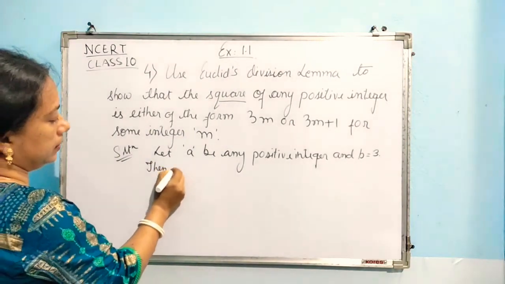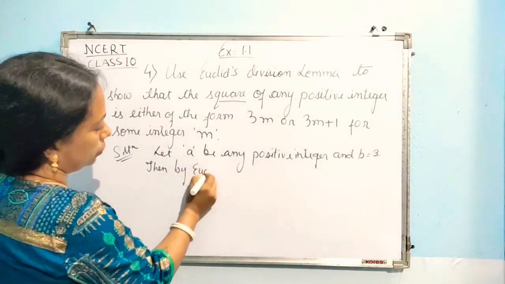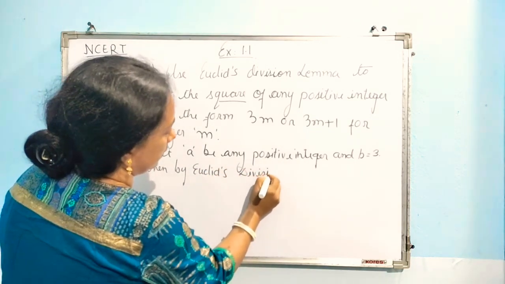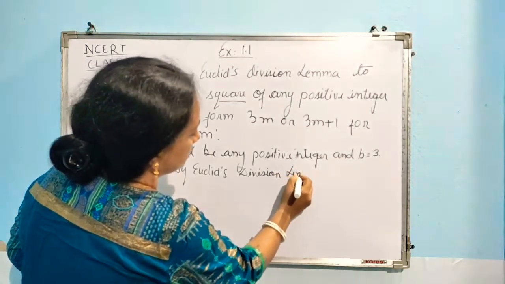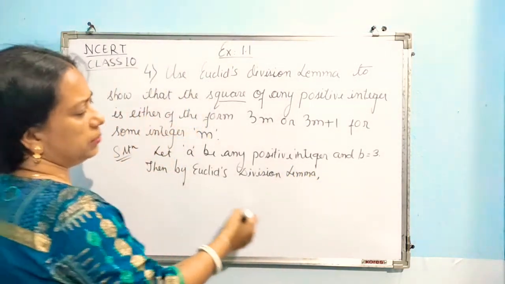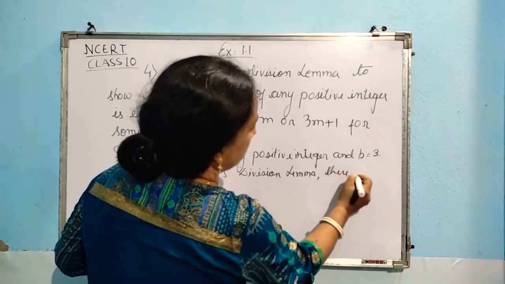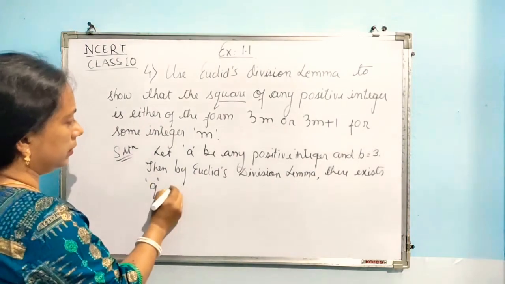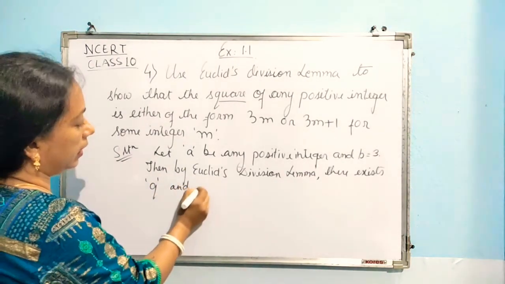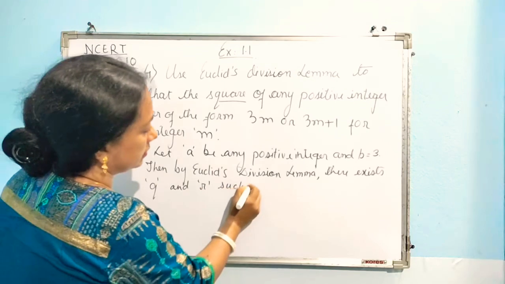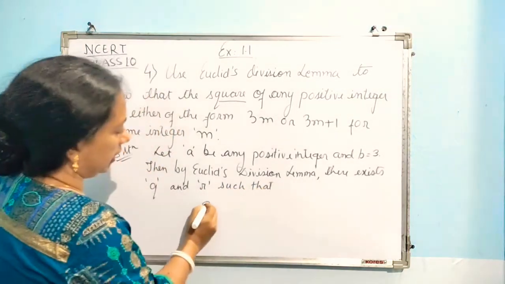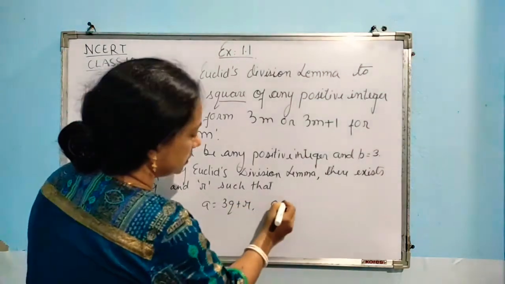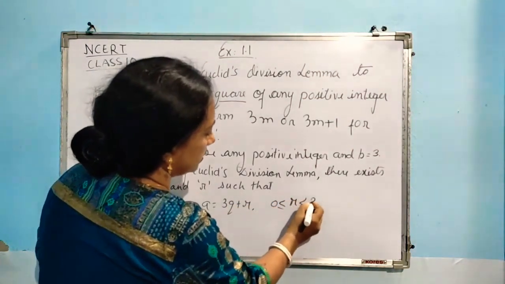Then by Euclid's division lemma, what can we write? There exist q and r such that a is equal to 3q plus r. This much is clear: 0 less than or equal to r less than 3.